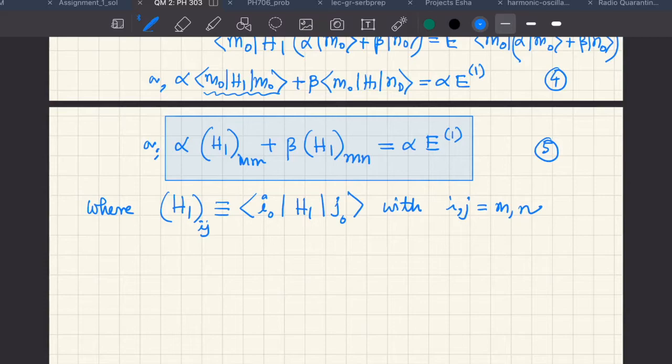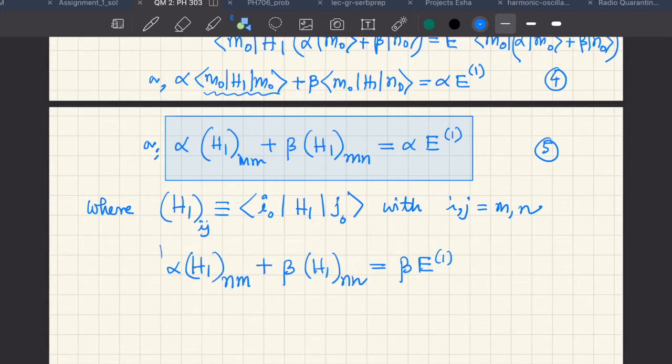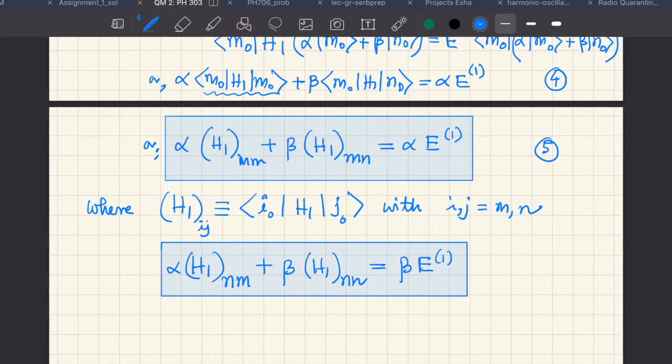That equation will look something like this: alpha H1 nm plus beta H1 nn is equal to beta times the first order correction to energy. This is what you get when you take the inner product with respect to bra n naught.